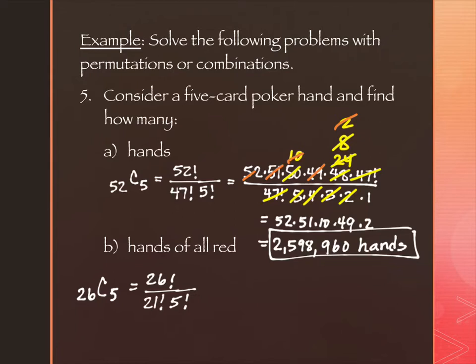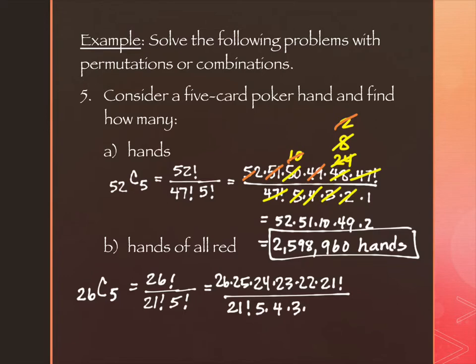Okay, so good? So we'll write our 26 out to 21. And then we have our 5, 4, 3, 2, and 1.